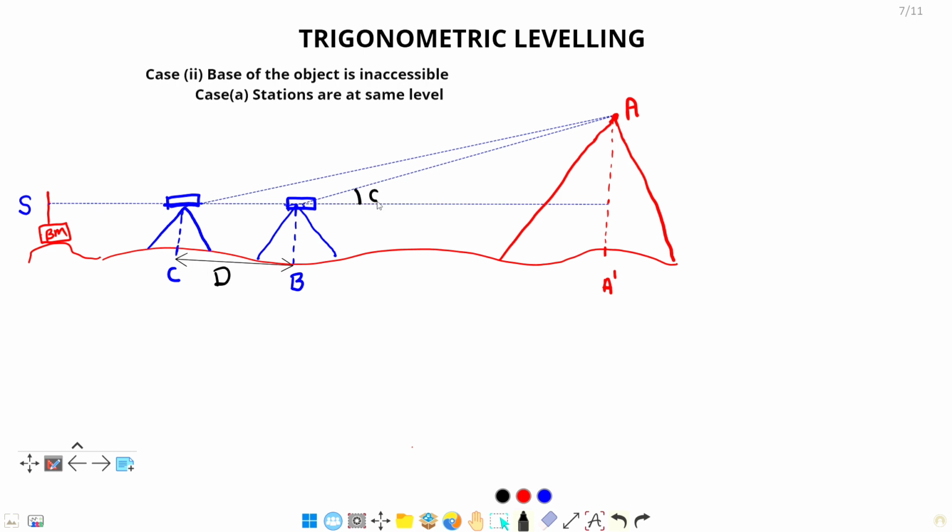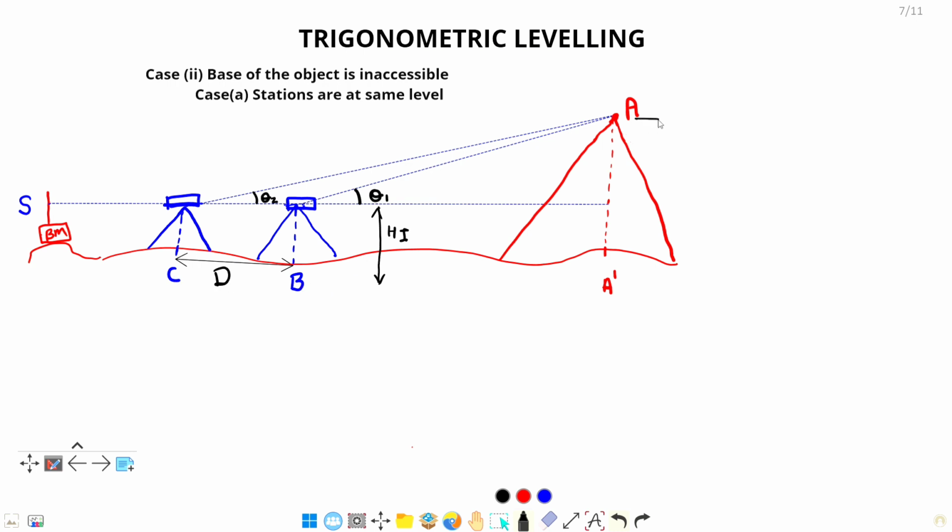Here I will get theta 1, here I will get theta 2, and in this case both positions C and D of the tripod are such that they have the same sighting at the benchmark, means the height of instrument is the same, means both positions have the same height of instrument from mean sea level, means the HI value is same for both positions C and D.